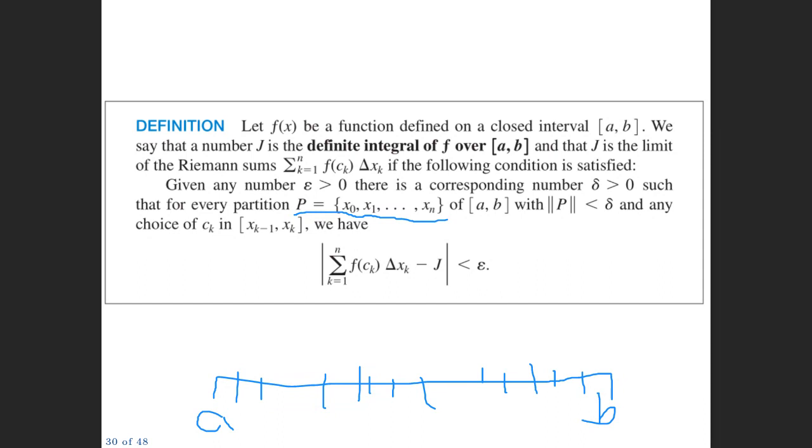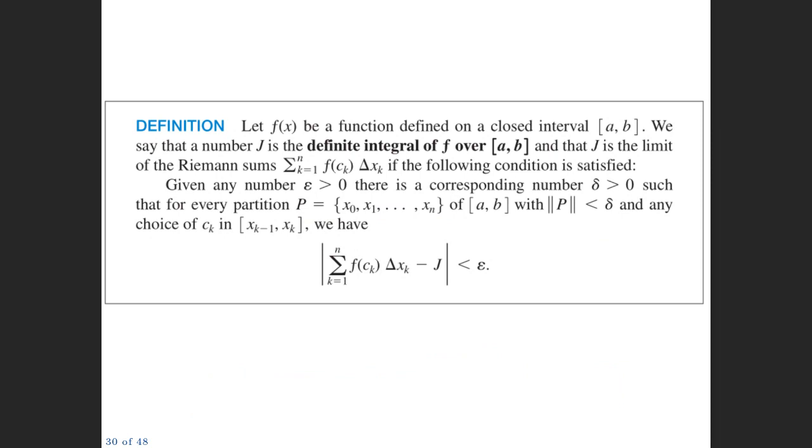The definition says, any way you want to chop our interval up, so any partition, if the maximum width of each one of these pieces, whichever one is the biggest, is smaller than delta, and if we take any choice of ck inside each little piece where we measure the height, we need to have that the Riemann sum is very, very close to the number j.